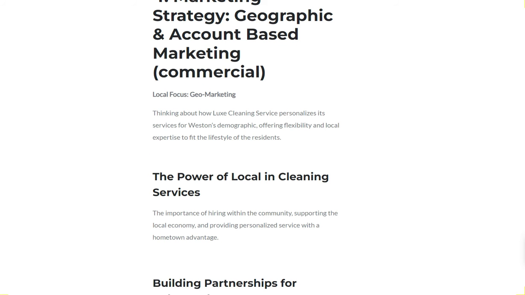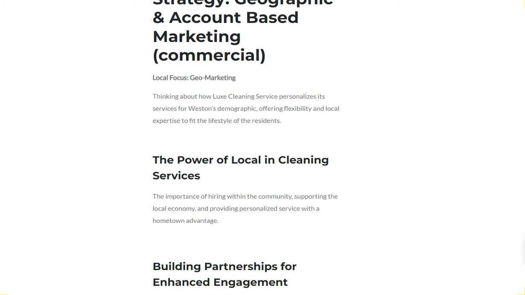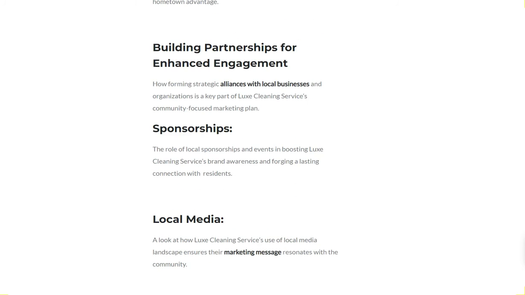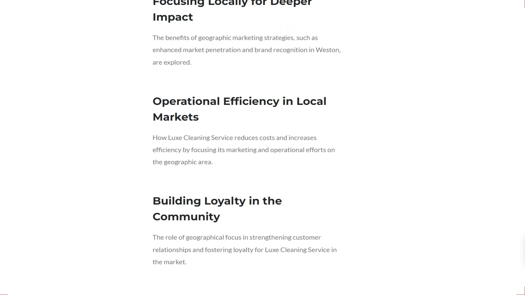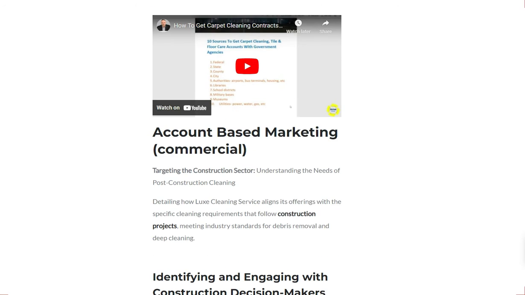We're just going to focus on this Weston, and that's what geographic means in the context of marketing. You choose a geographic area, and you hit everybody. You don't care if they're big buyers, small buyers, middle. You want everybody in that geographic area. You want to own that geographic area. So that's the point of the geographic marketing. And then we start to go into different ways to do that.